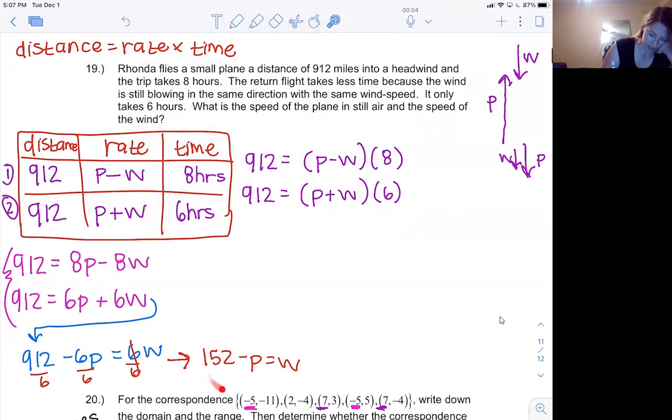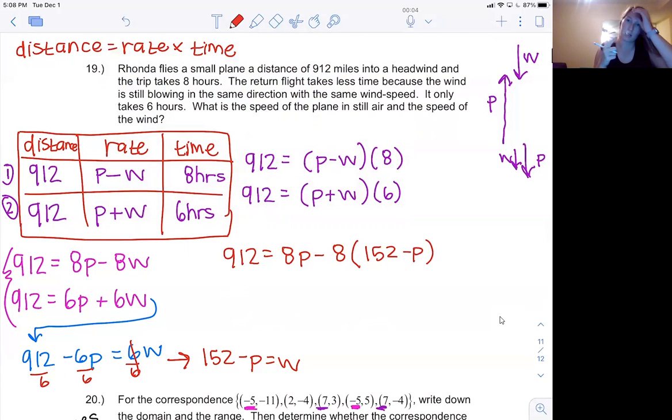So now I have that my W equals something, so I'm going to plug it into this first one and solve. So I've got 912 equals 8P minus 8 times W, which is 152 minus P. So this is just like the acid problem where we're mixing two solutions.